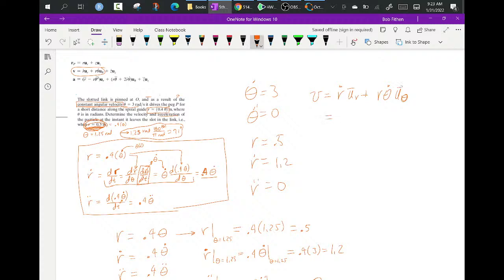Well, that's just 1.2 times ur plus r, which is 0.5, that's this, times 3, which is this, and that's u theta. So we get 1.2 ur plus, looks like 1.5 u theta.